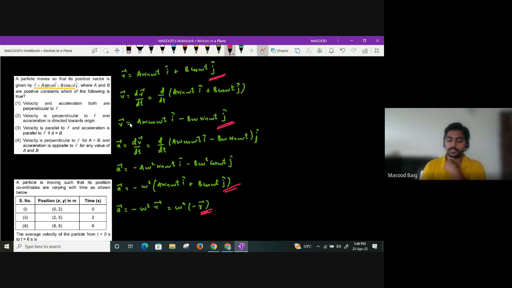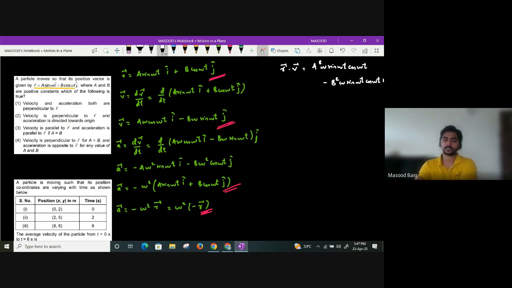Now, I need to check whether velocity and position are perpendicular or not. In order to check that, what will I use? I'll use r bar dot v bar, guys. What will you get r bar dot v bar as? If we multiply these two, we get a square omega sine omega t cos omega t. And if I multiply these two, I'll get minus b square omega sine omega t cos omega t.